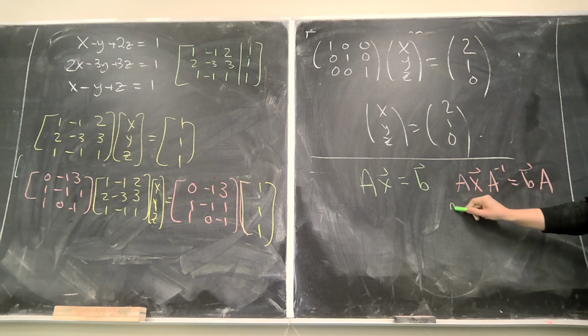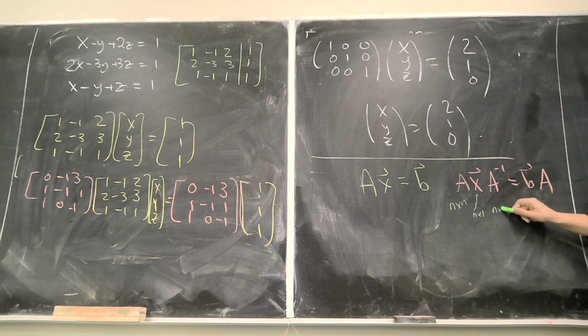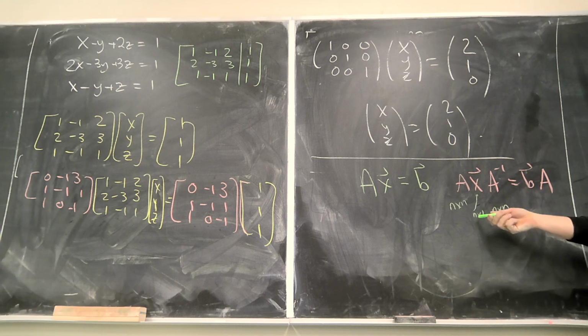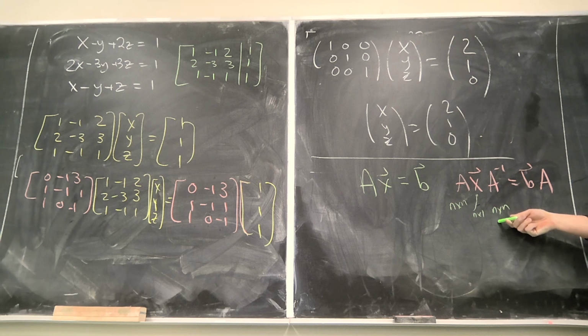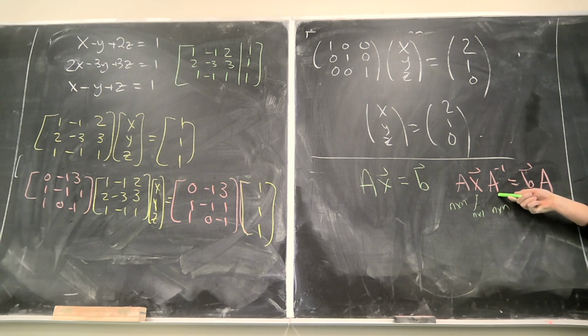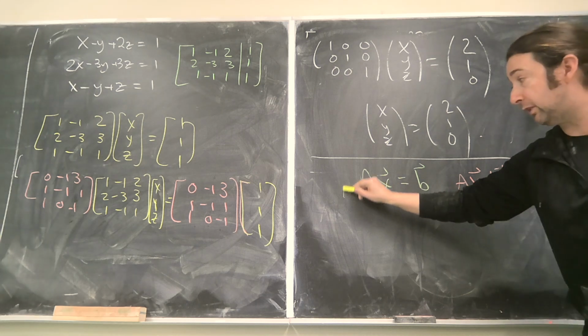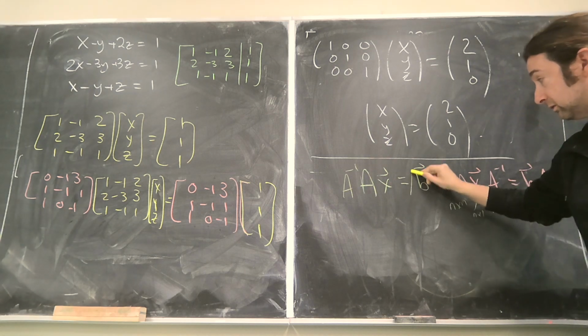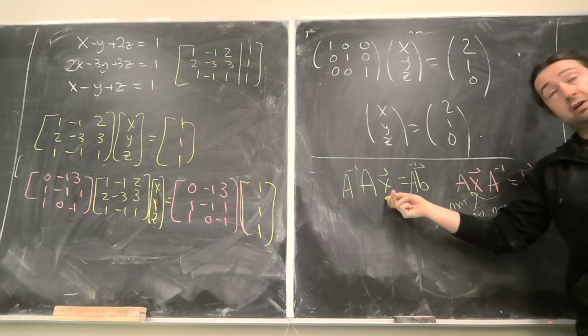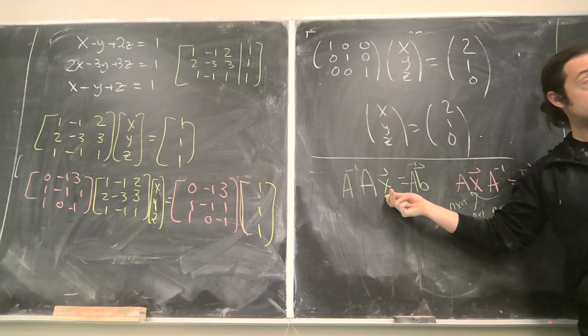This matrix is n by n. This vector is n by 1. This matrix is also n by n. So I have an n by 1 vector times an n by n matrix. This isn't even defined, right? And I can't slide the A inverse past the x because matrix multiplication doesn't commute. So when we're solving a matrix system like this, basically the only choice we have is to left multiply, because the variable is trapped on the right.